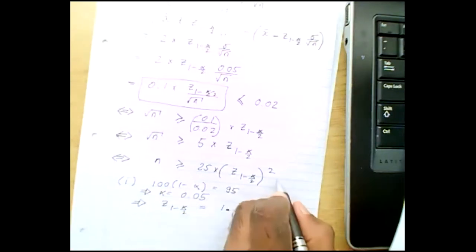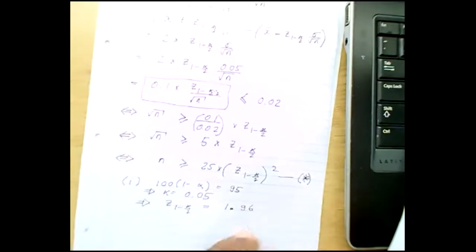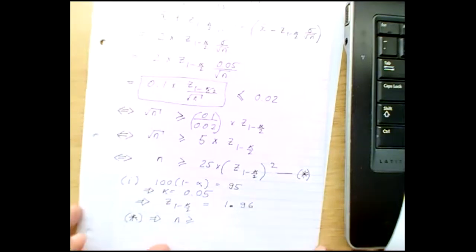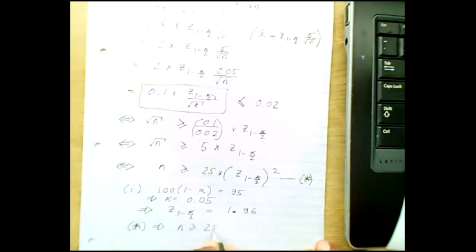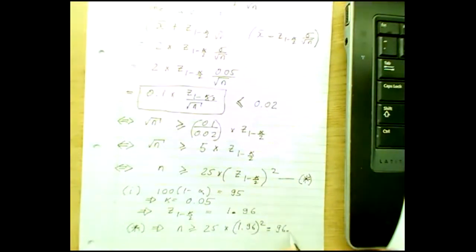Let me call this equation star, just for the sake of notation. From star, we can see that n must be greater than or equal to 25 times 1.96 squared, which works out to approximately 96.04.